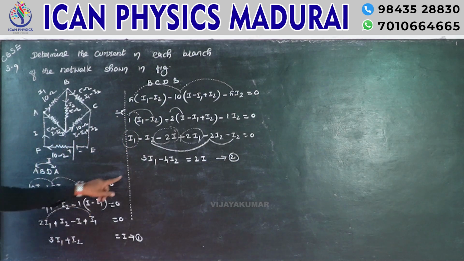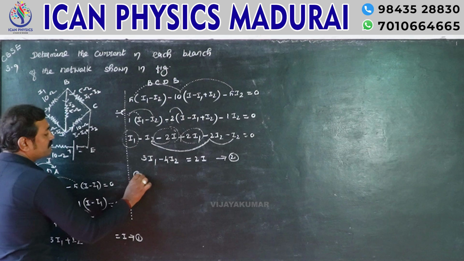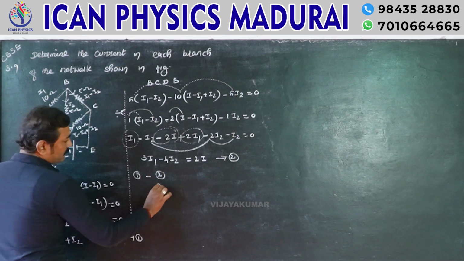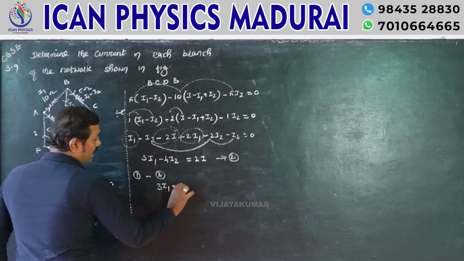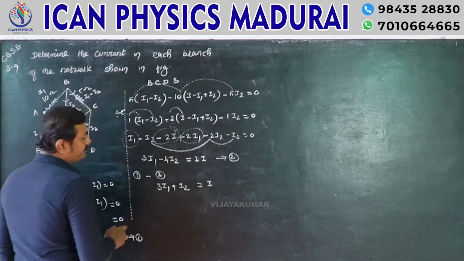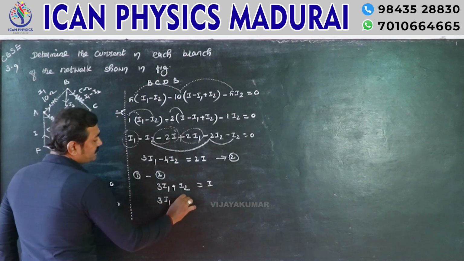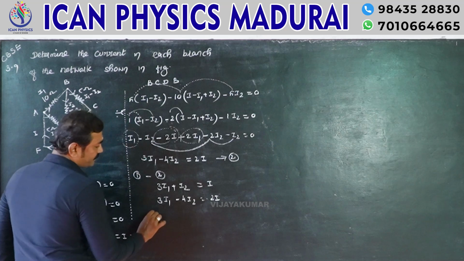Let's look at equation number 1 and 2. Here we are having 3I1. Here also we are having 3I1. So I want to subtract 1 minus 2. So 3I1 plus I2 equal to I. Here we are having 3I1 minus 4I2 equal to 2I. Okay.